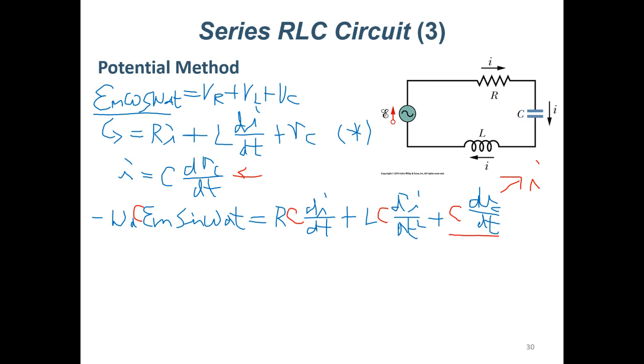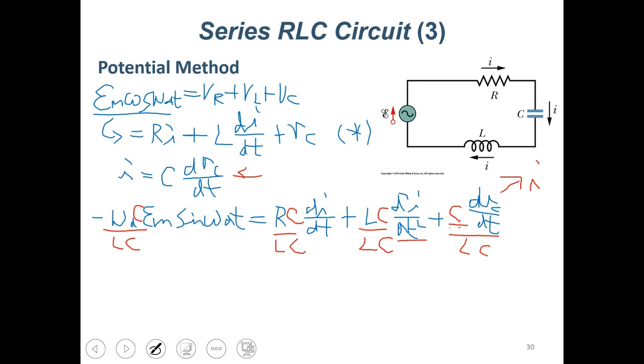And finally, this is the second order term, and we want to normalize it, so we divide by LC.